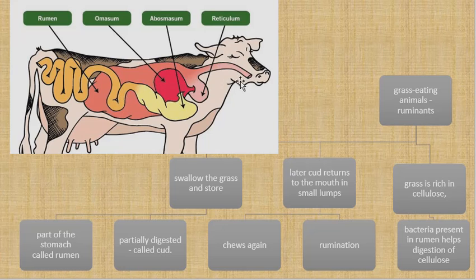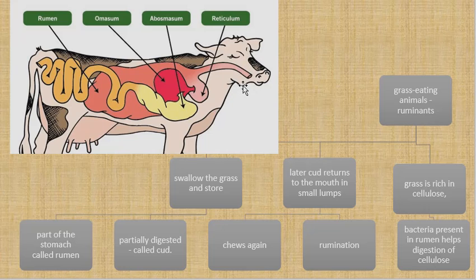They grind, they chew the grass and then put it in the stomach, in the rumen, part of the stomach. And then later it is brought back. This half digested food, where only biting and grinding has been done, which remains in the rumen, is taken back to the mouth in small lumps, and then it is chewed again.